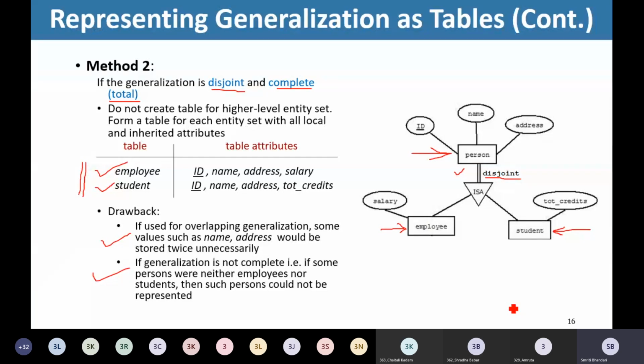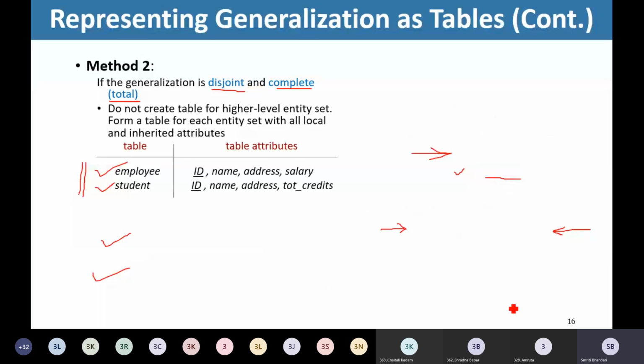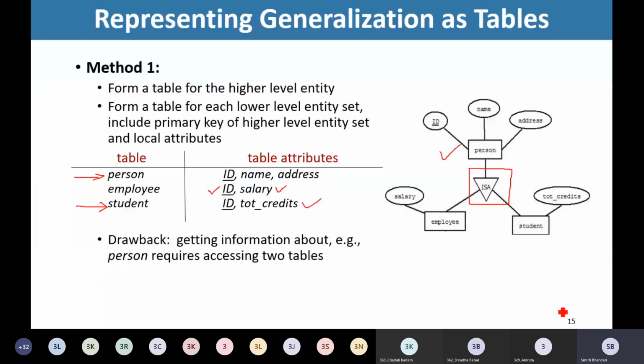How to represent generalization in the tabular form. We have seen 2 methods, method number 1 and method number 2. In method number 1, we created separate tables for the higher level entity set and lower level entity sets. While creating the table for a lower level entity set, we used one additional attribute, the primary key of the higher level entity set.